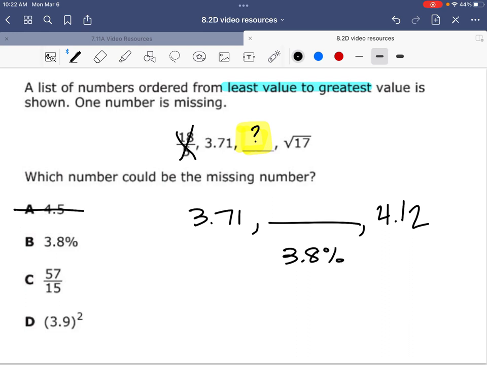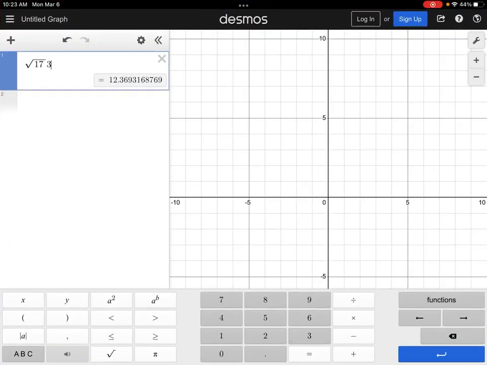But we need to remember that percents are based out of 100. And so in the calculator, I can go find what 3.8 out of 100 is to see if that's a value that falls between these two, the minimum and the maximum. I'm going to use Desmos, and I'm going to say 3.8. Oops.